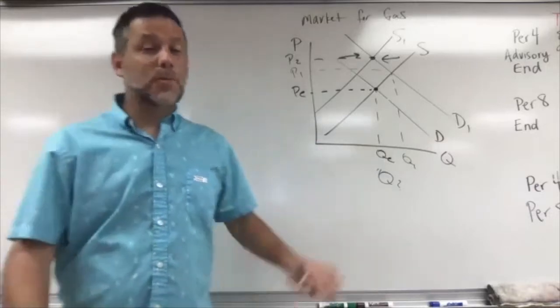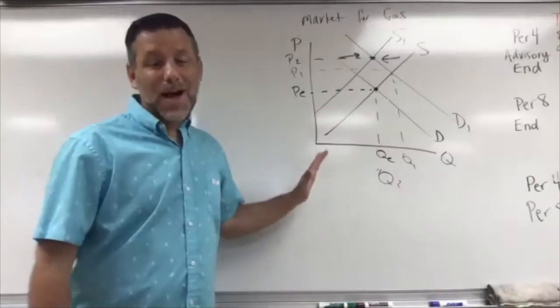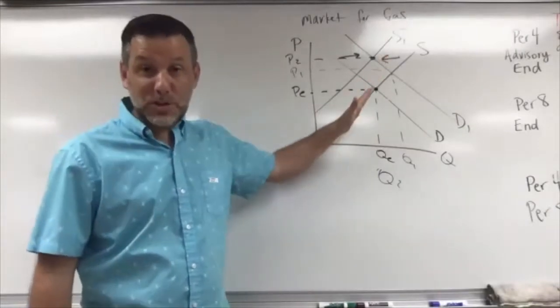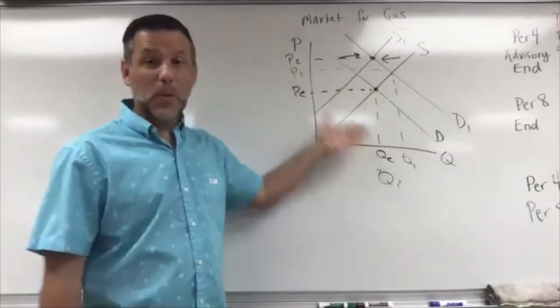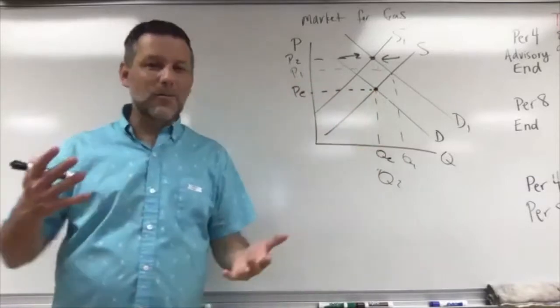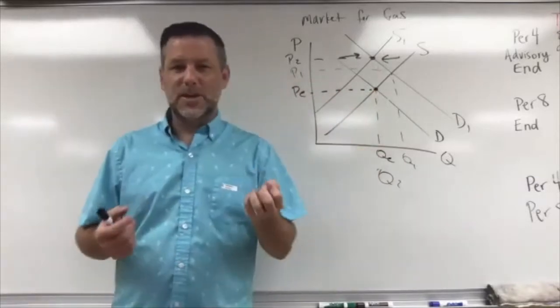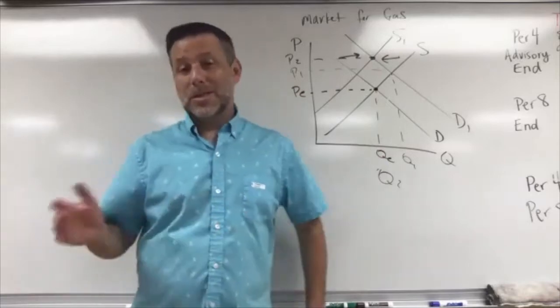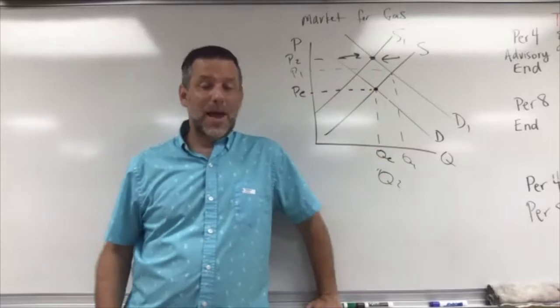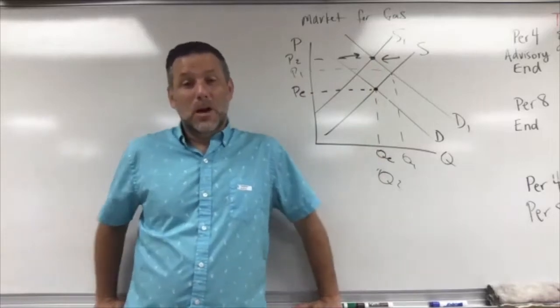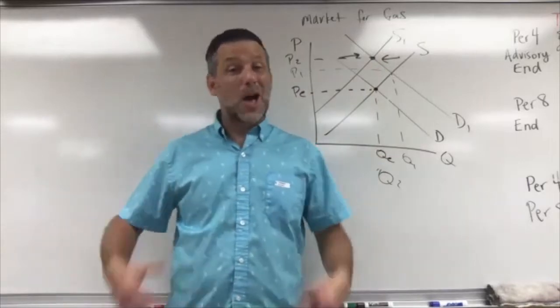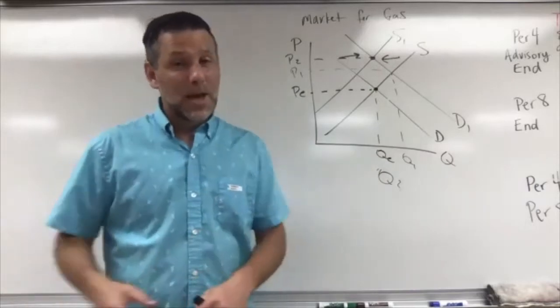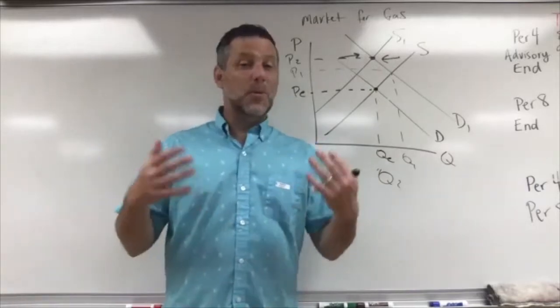So that's supply and demand. Supply, how much people are willing to produce. Demand, how much people want stuff. That general definition of demand and supply is going to continue throughout units 6, 7, and 8. Whether we're talking about loans, the supply of loans is how much people are willing to loan out. The demand for loans is how much people want to borrow.